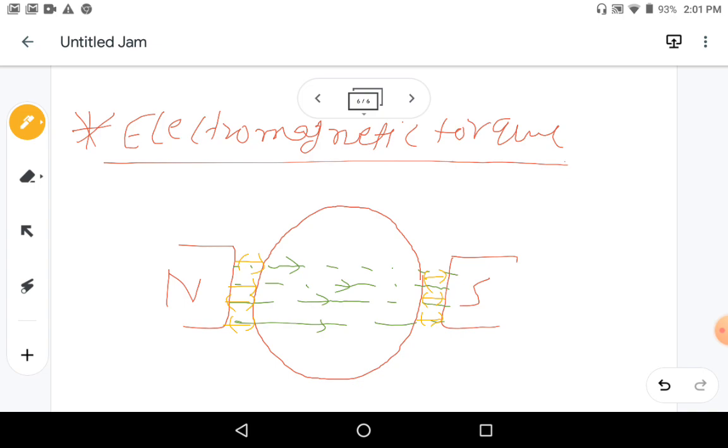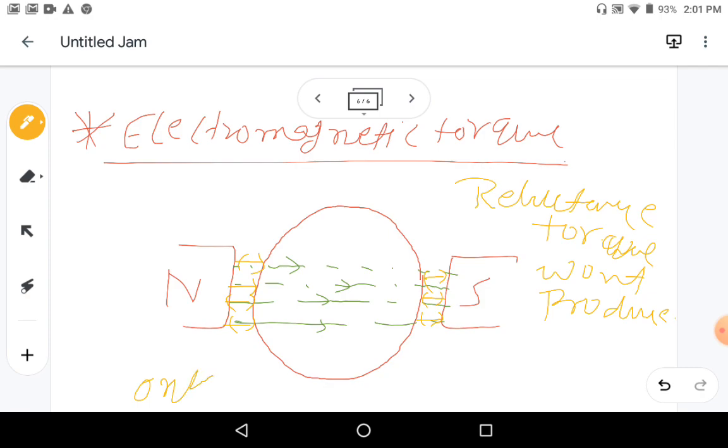So in a cylindrical rotor, reluctance torque won't be produced. In a cylindrical rotor, only electromagnetic torque is produced.